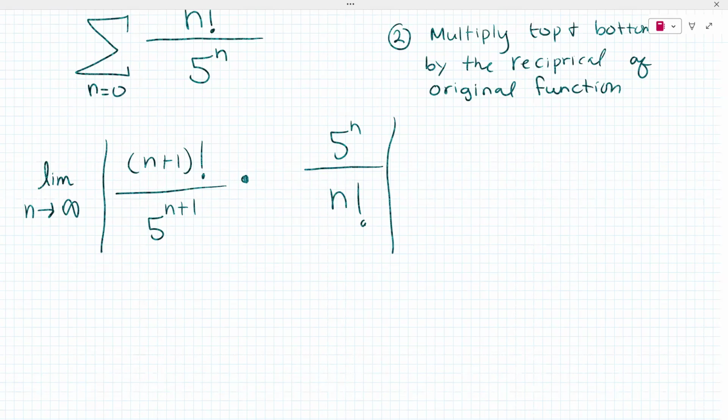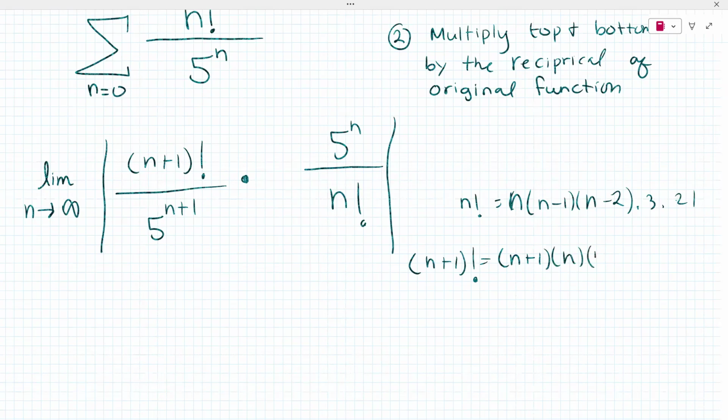If you recall, n factorial is the same thing as n times n minus 1 times n minus 2, and you keep on going down to 3, 2, 1. And then n plus 1 factorial is equivalent to saying n plus 1 times n times n minus 1, down to 3 times 2 times 1.